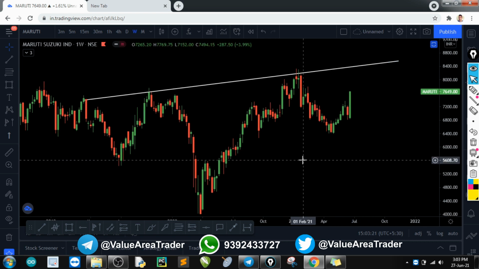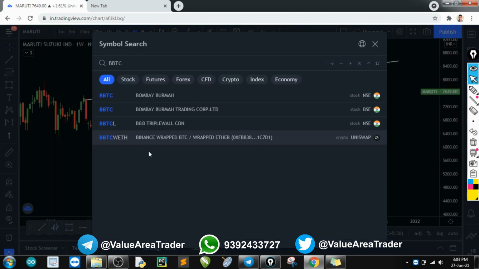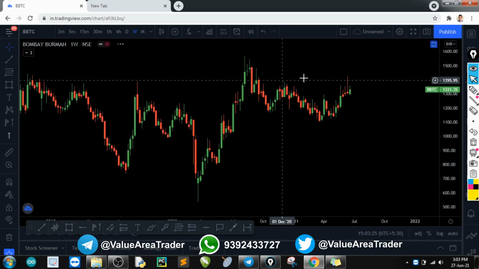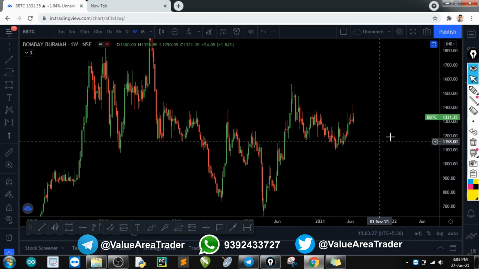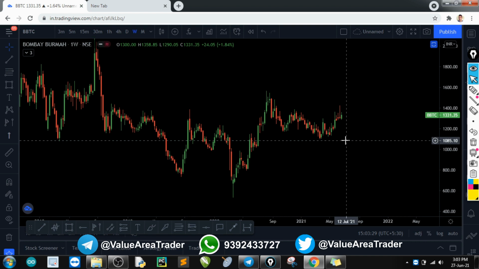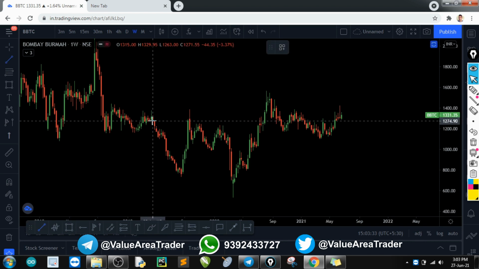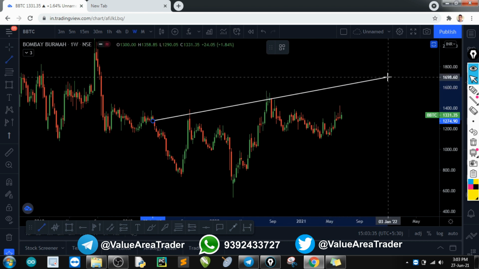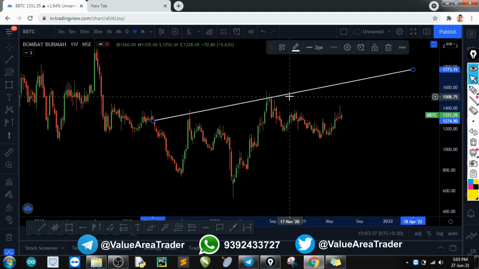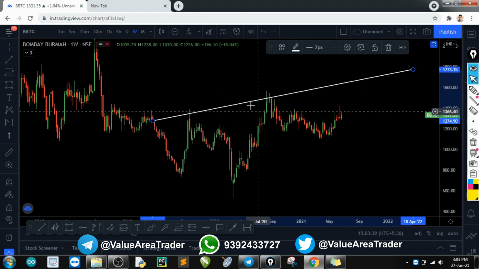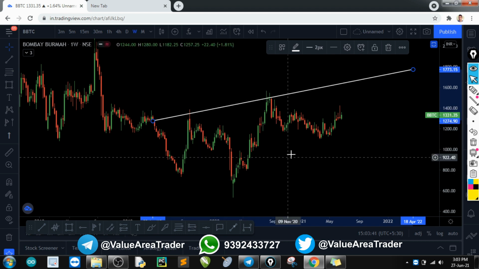And the last stock that I have is BBTC, which is Bombay Burma. Now if you look, it might be tough to find that particular inverted head and shoulders, but sometimes you will get to see this after a lot of practice, and you won't see this in every stock, so do remember that.